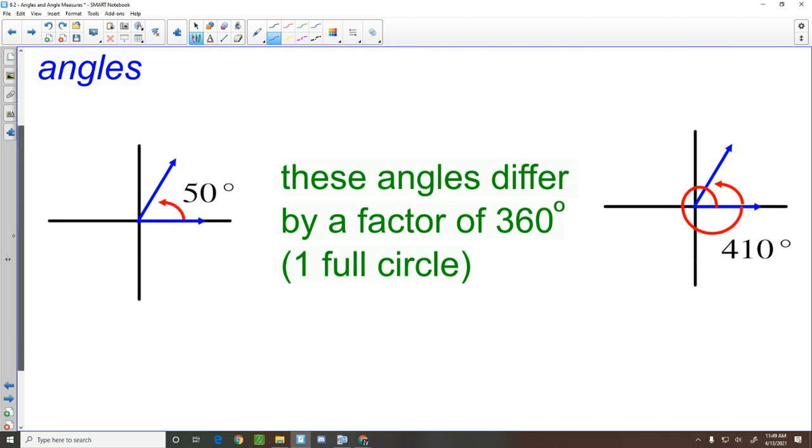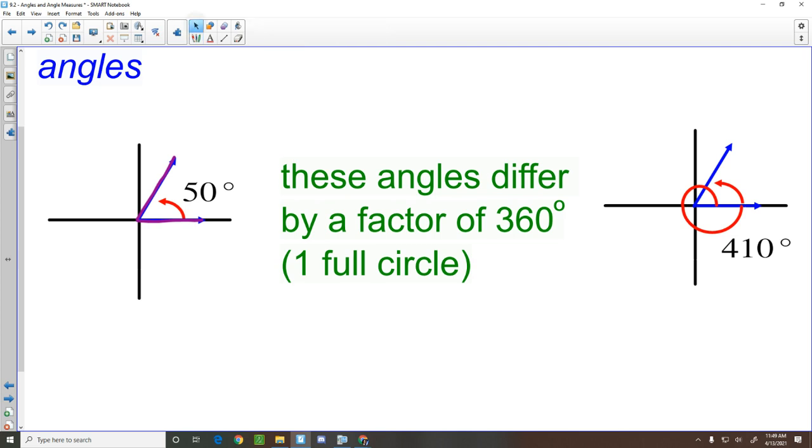And here's what I mean with this example down here. If I look at this 50-degree angle on the left, let me trace this with the purple marker here. So I've got that 50-degree angle. But if I took this angle and moved it, so I'm not changing the measure, it's still 50 degrees, but watch this. As I move it over here to the right, to this 410-degree angle, see how it matches up perfectly?